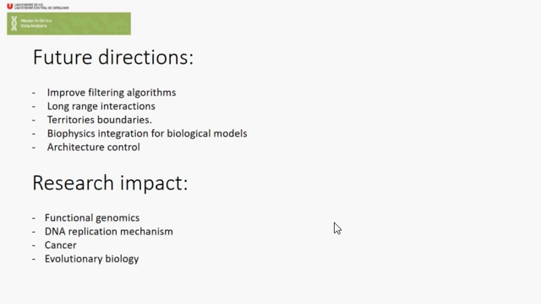So we can remark that Hi-C technology is important to understand the genome architecture. A great research impact is achieved in functional genomics, DNA replication, cancer, and evolutionary biology, among others.